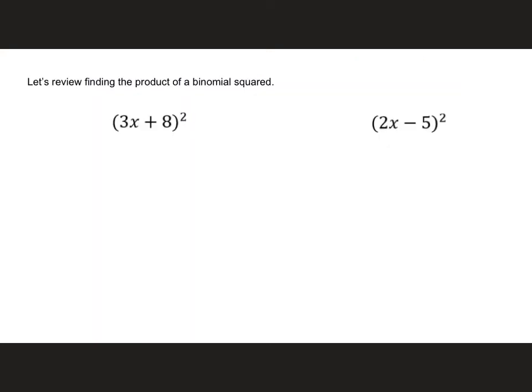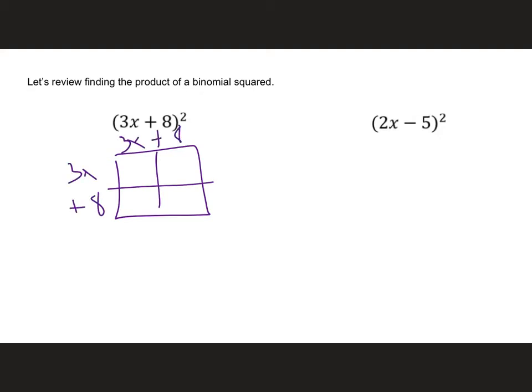So before we get into the perfect squares, I want to just take a quick minute to review how to square these binomials anyways. If we used our box method to multiply these out, then we would have 3x plus 8 times 3x plus 8. So that would create 9x squared, 24x, 24x, and 64.